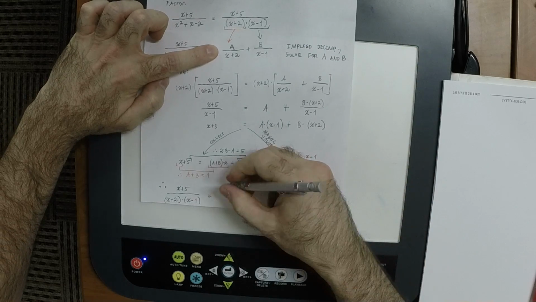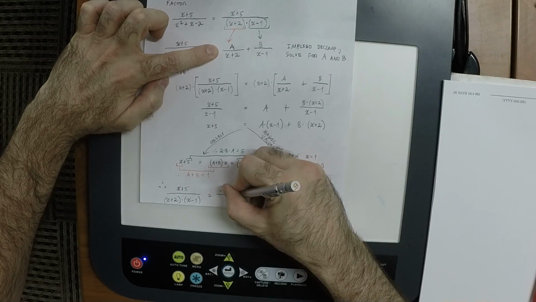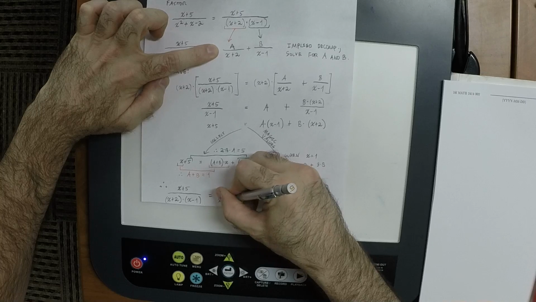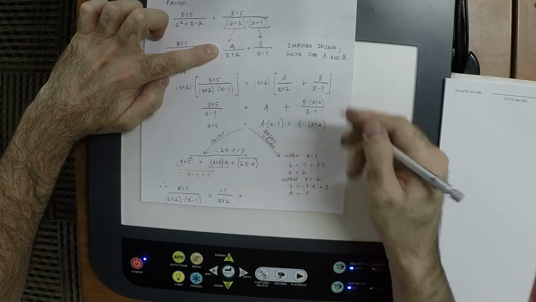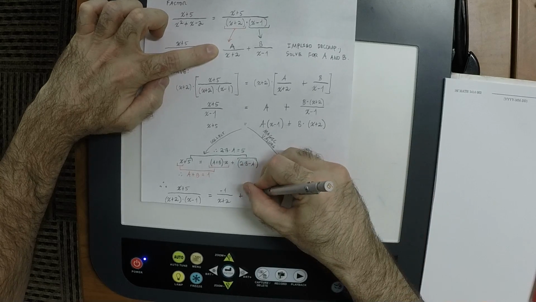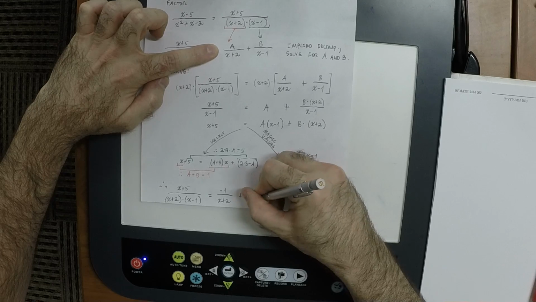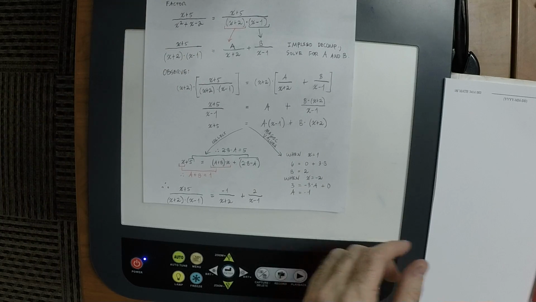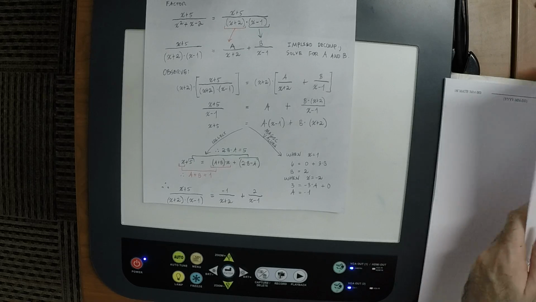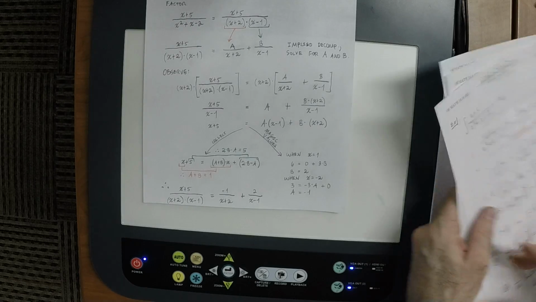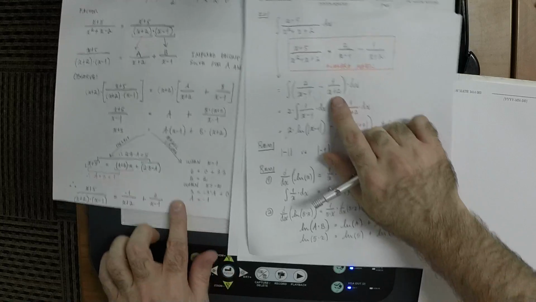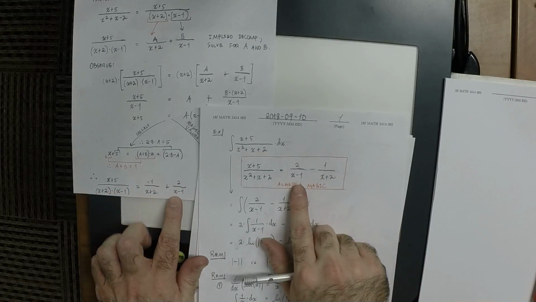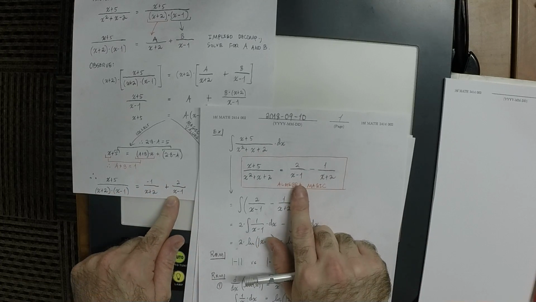And we established that a is negative 1, so this would be negative 1 over x plus 2, and then plus b is 2, so this would be 2 over x minus 1. Now, is that what my friend said in the story of me talking about my friend? So is it? It is.